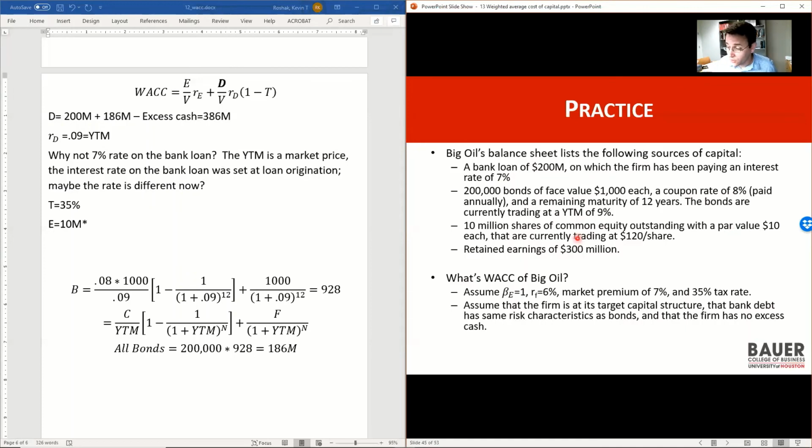So what's the market value? Well, you look and you see that each share is trading at $120. So you have 10 million of them, trading at $120 each. That means that you've got $1.2 billion worth in equity.